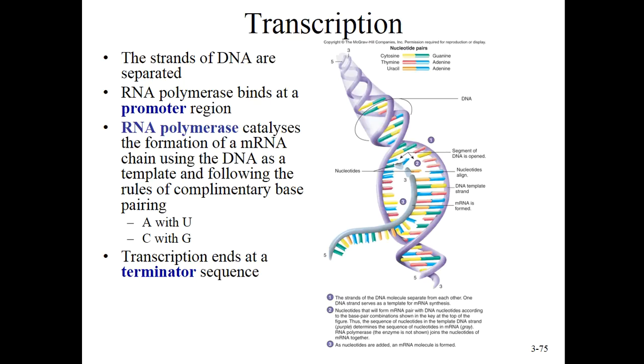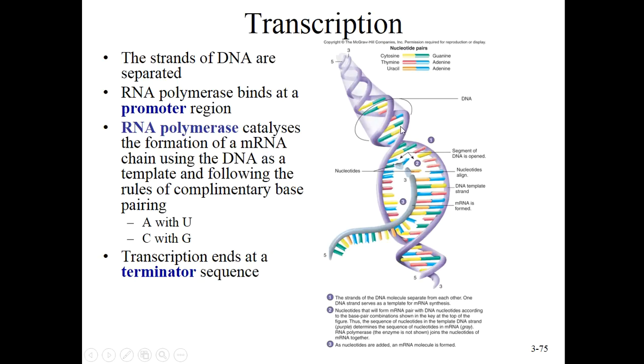Okay, so let's go through this a bit more logically. Here's transcription. The enzyme, not shown here, unzips the DNA and then brings in those complementary nucleotides, A's with U's on the messenger RNA, and C's with G's.